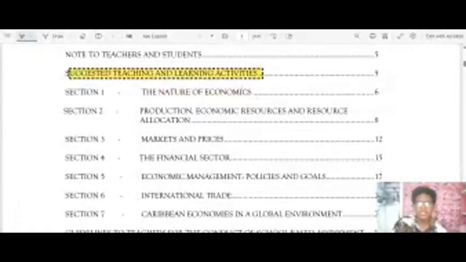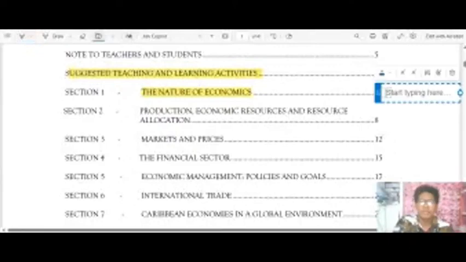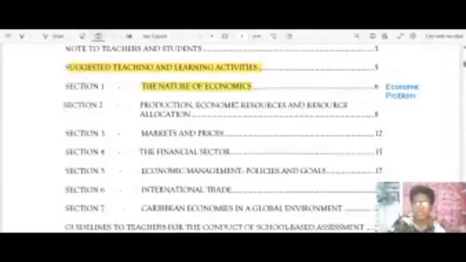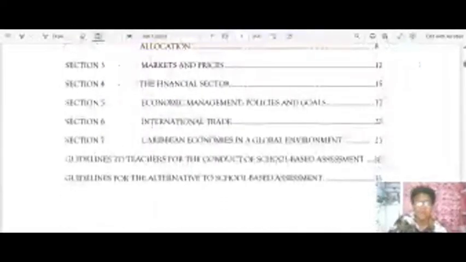Section 1 is the nature of economics, and this is inclusive of the economic problem. Section 2 is about production, economic resources and resource allocation, markets and prices.